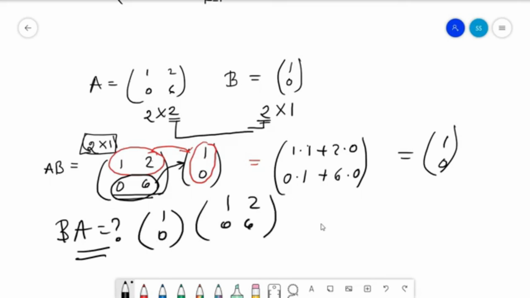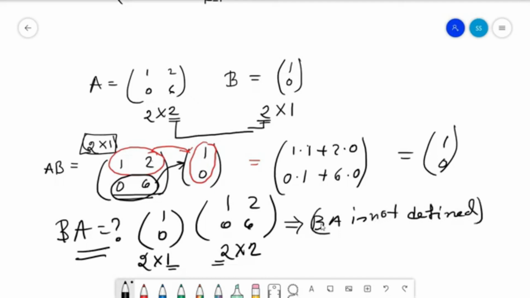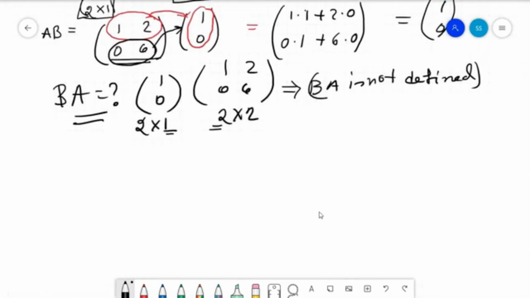But look at this again, this is a 2 cross 1 matrix and this is a 2 cross 2 matrix. You see the number of columns that B has is not the same as the number of rows A has. So this time BA is not defined, so we cannot do it. This is an important thing to notice.